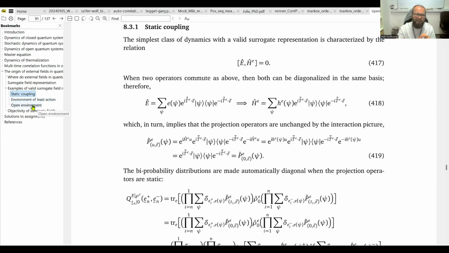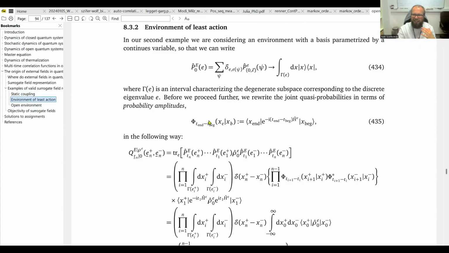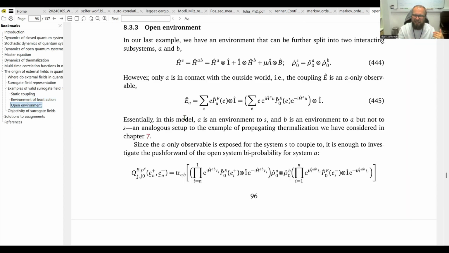Those examples showcase that all the usual suspects are here. So for example, we have an example where you get this surrogate field representation when the environment is big. So this is like the action representing the environment is large in comparison to Planck constant. You also have an example with an environment that undergoes certain types of decoherence, where you can get this.